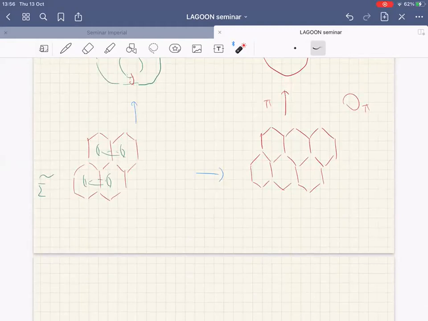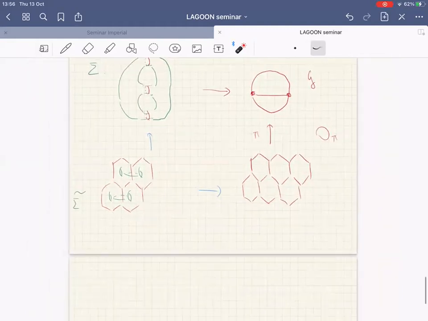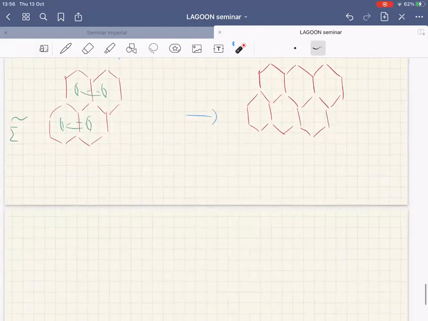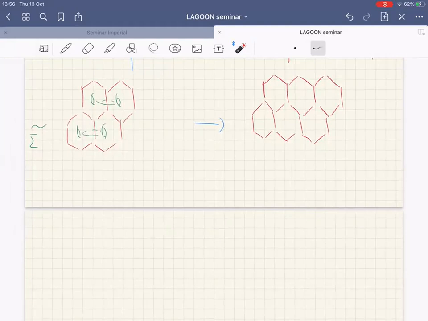So this is the first ingredient. As I said, the idea is fairly simple, fairly natural. The first ingredient is that we pass to Sigma tilde, which is non-compact but infinite genus.